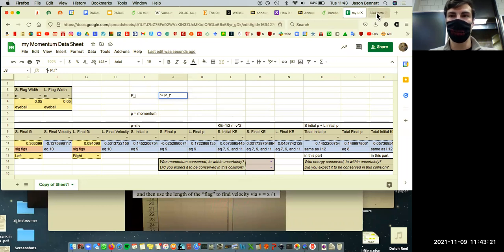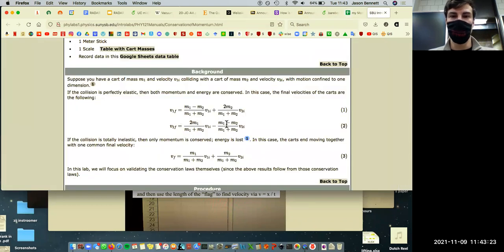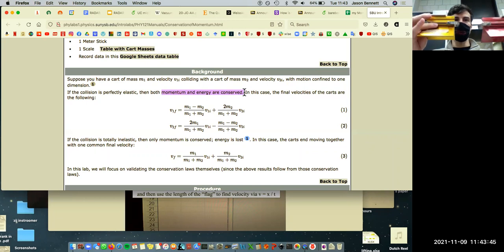So these equations, where they come from is using conservation of energy and using conservation of momentum. For this one, we use both. Energy and momentum are conserved in an elastic collision, which means the two things bump together. So these little pieces of metal do not stick together, so they lose very little energy when they smash together.